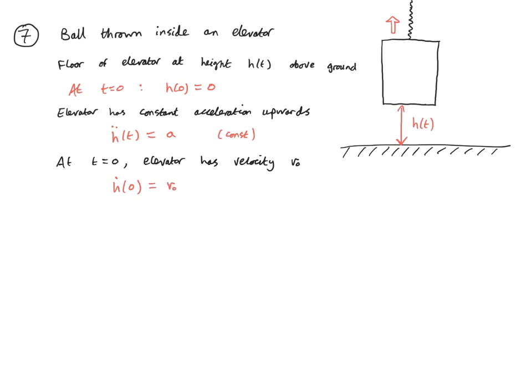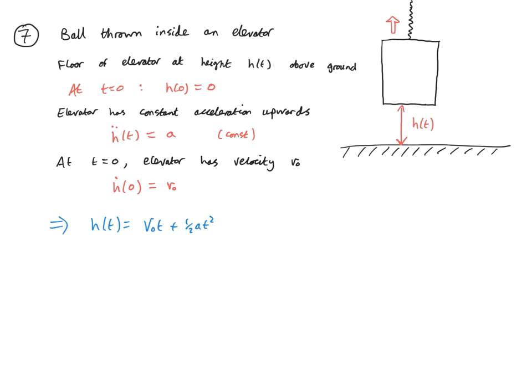This all allows me very straightforwardly to describe the full trajectory of the floor of the elevator. I can say at the floor of the elevator, h of t is going to be v0 t plus a half a t squared.